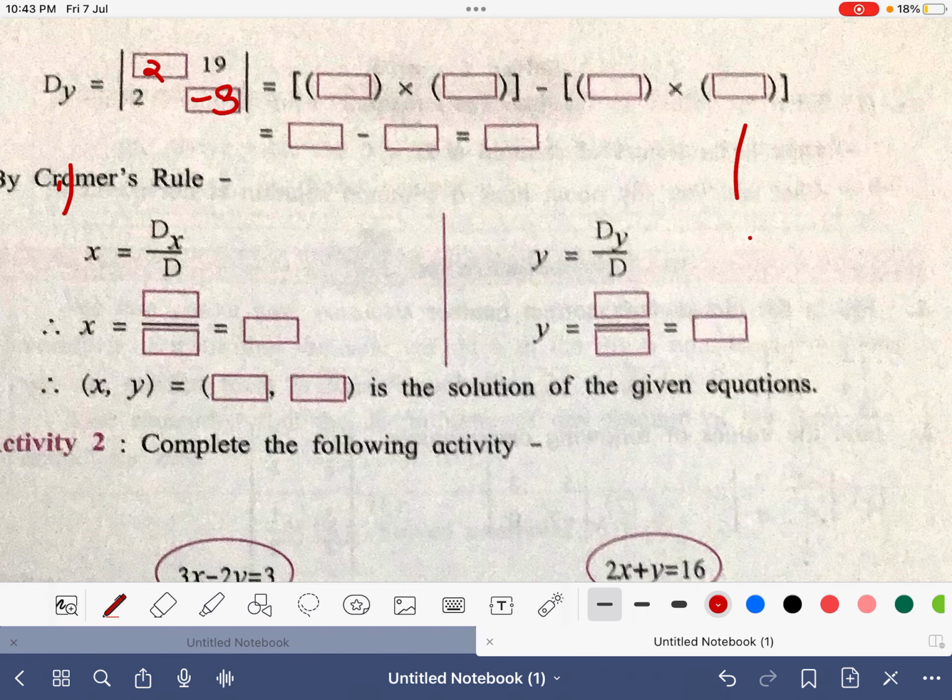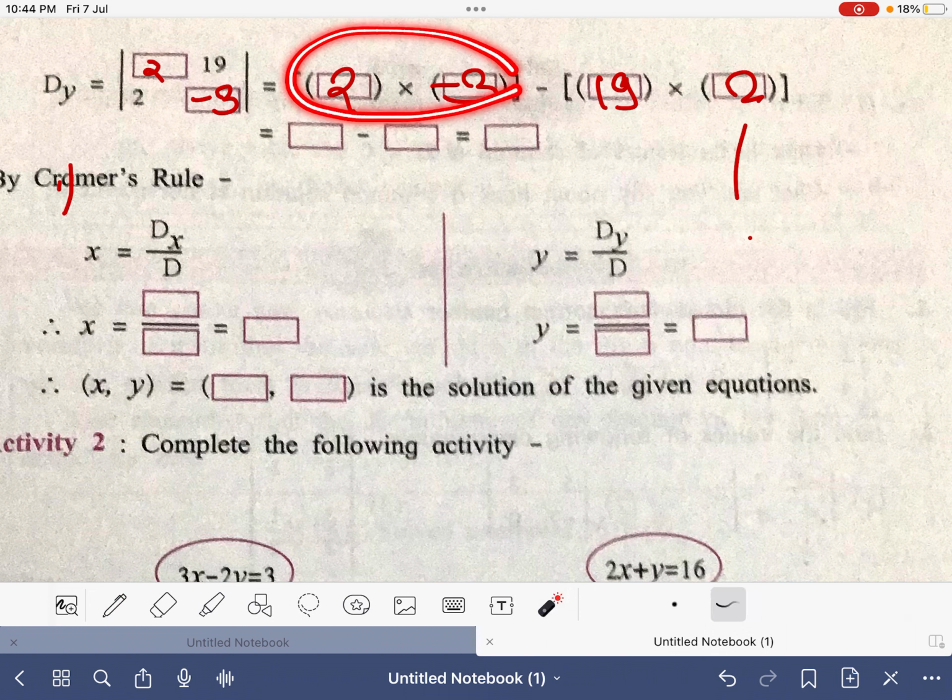Now simplify these two terms. First of all, take the multiplication of 2 and minus 3, minus the multiplication of these two numbers. So write down here, minus into bracket 19 into 2. First of all we have to solve this.